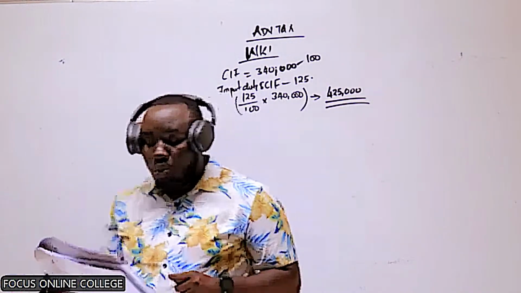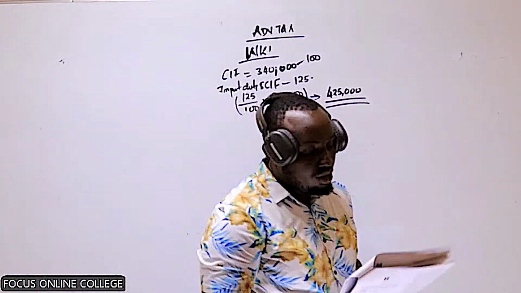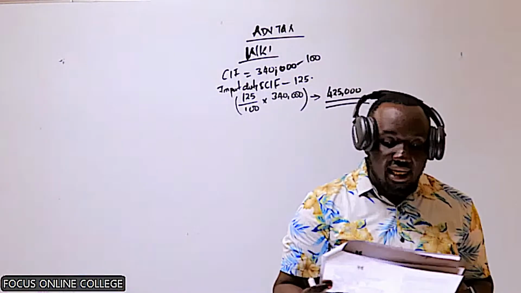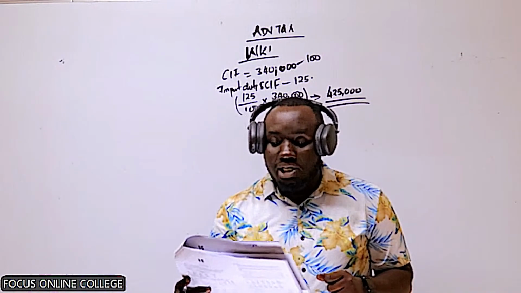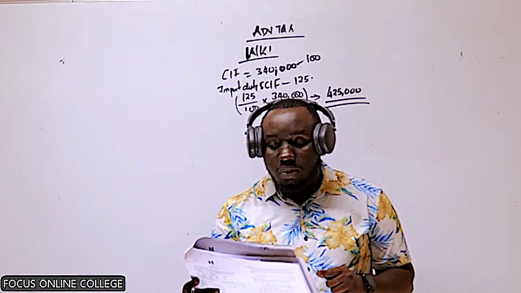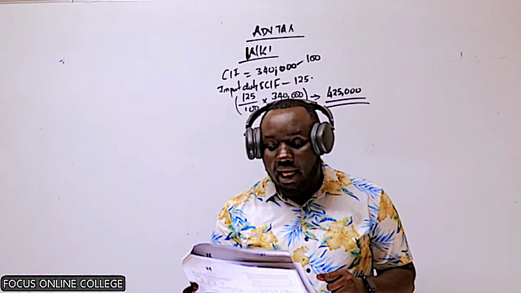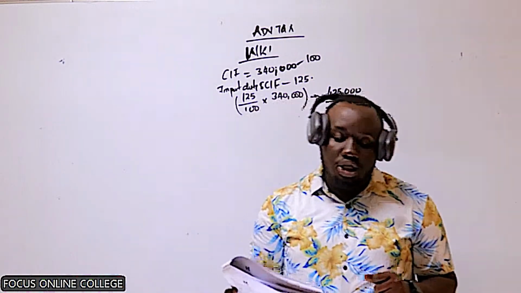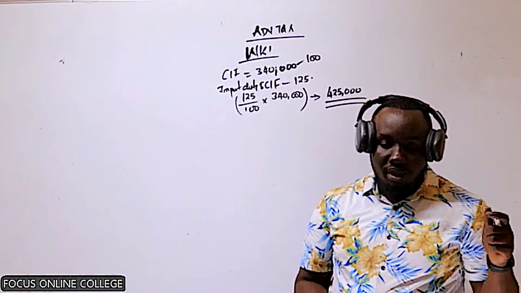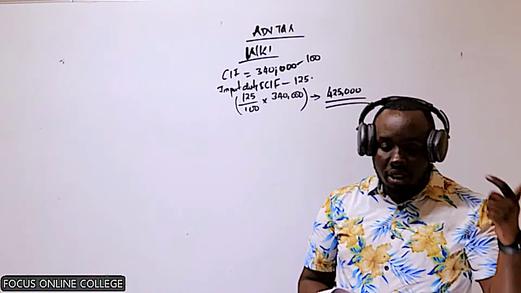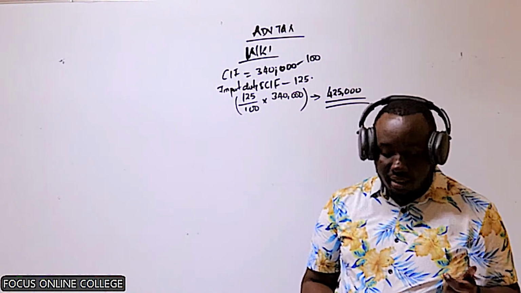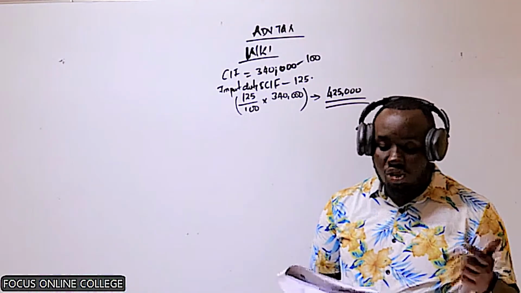Goods valued at shillings 20,880 were returned to the business by a credit customer, and a credit note was issued immediately.